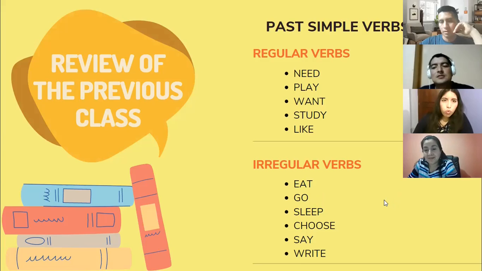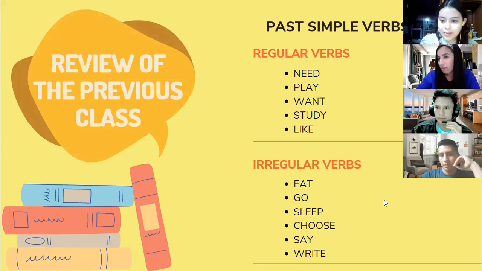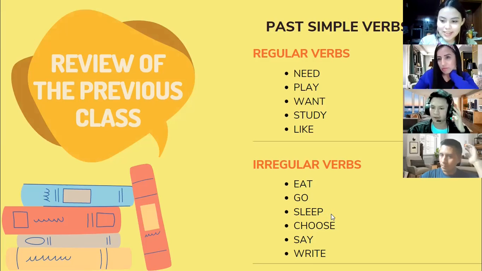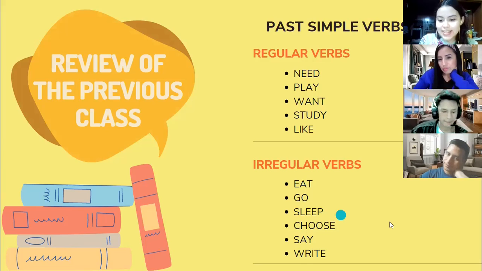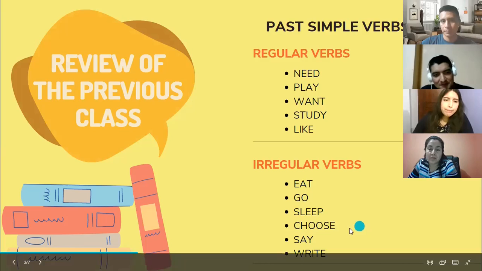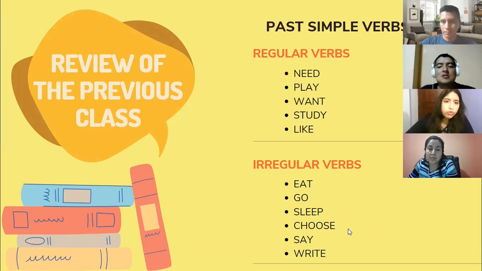Yes, Diego. So, Diego, what is the past form of the verb sleep? Slept. Slept, very good. Let's see, Camila, what is the past form of the verb choose? Chose. Chose, very good.